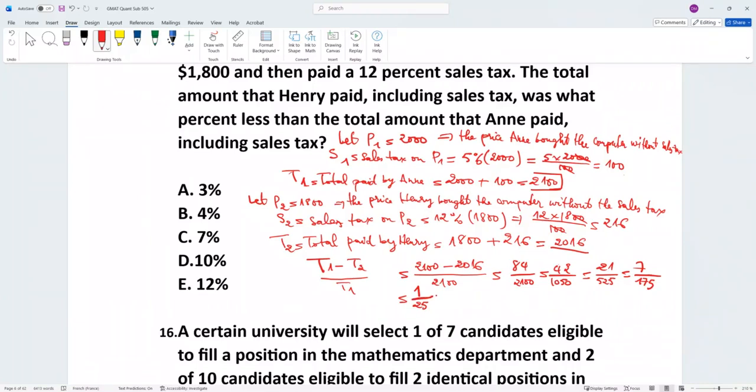So one thing we can do, 1 over 25 is actually equal to 4 over 100. So 4 over 100 is equal to 4%. Okay, 4% is 4 over 100. So the answer is 4%. So that's how you determine that.